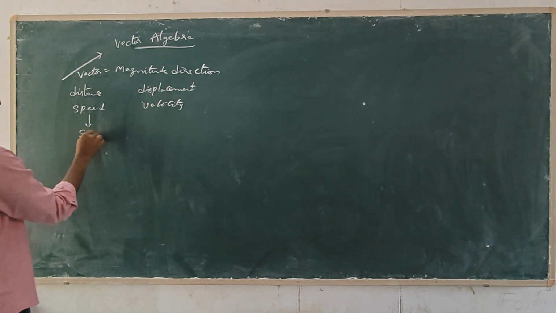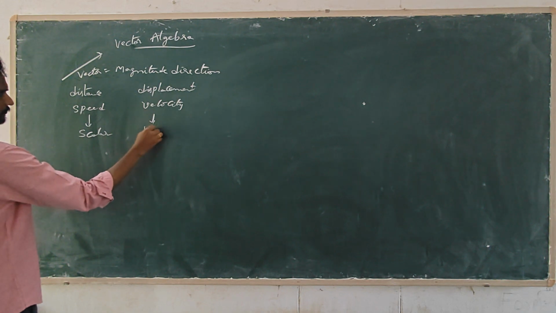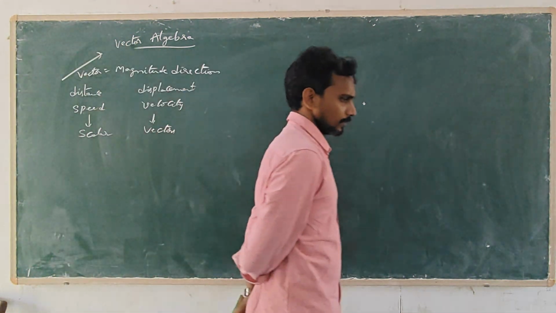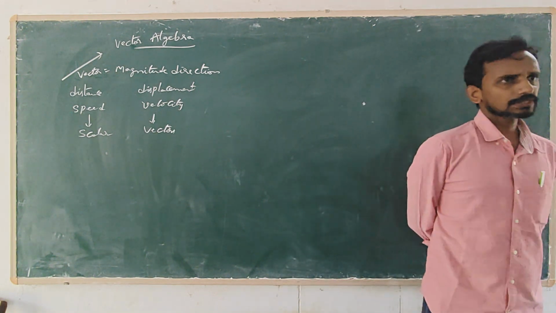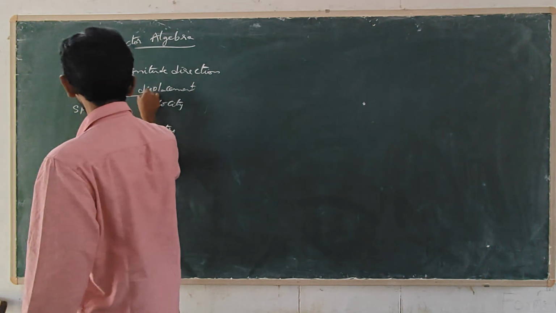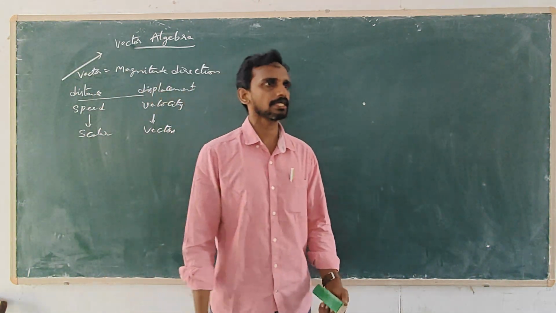These are scalars and these are vectors. So now ఒకసారి try to get the difference between these two. Distance కి displacement కి తేడా ఏంటండి?